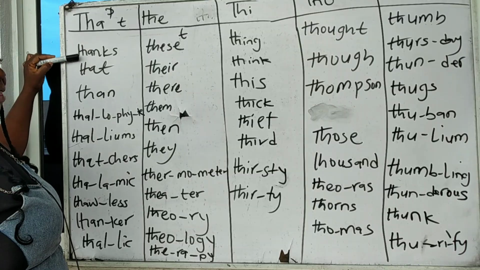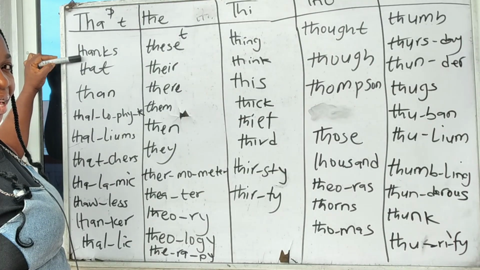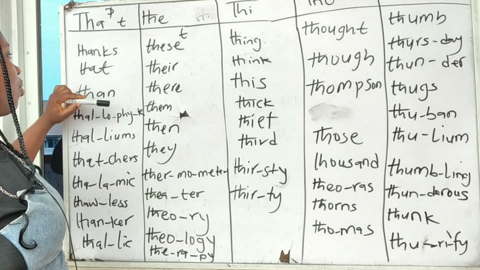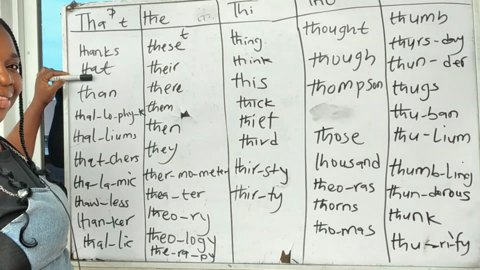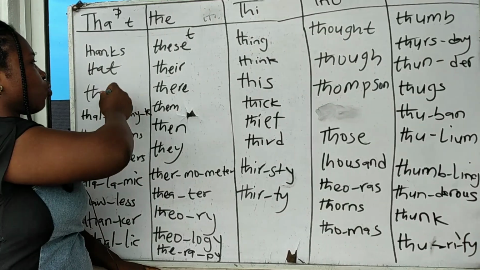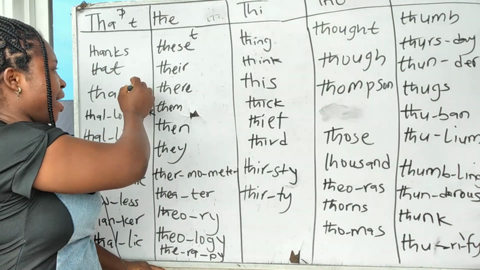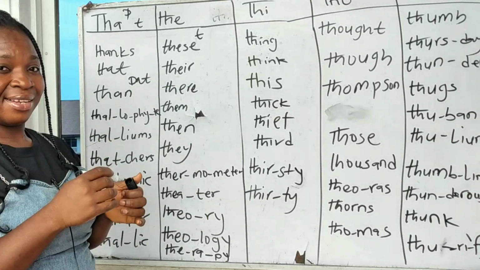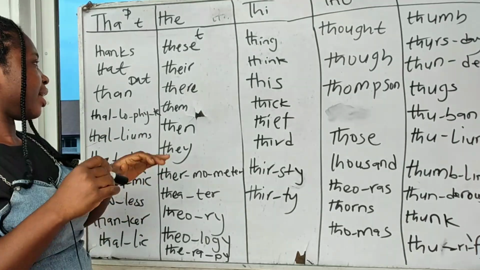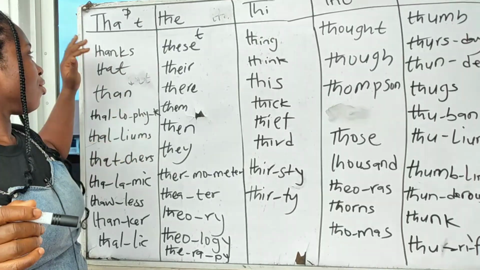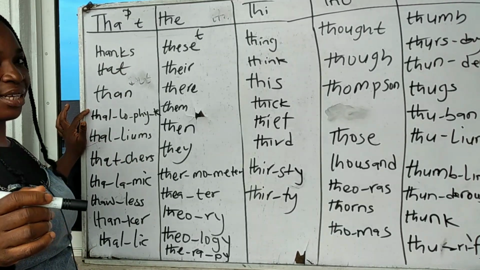We have thanks. There is no te, te. No, it is thanks. We have that. Now, if you are to write this without knowing this very word, you will just write something like this: that. Okay, so it sounds D as well as T for words that start this way.